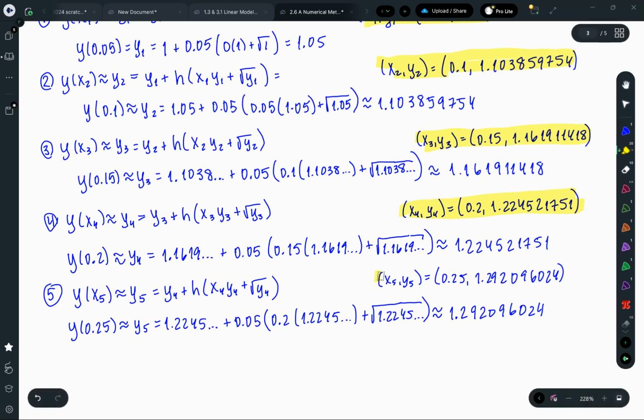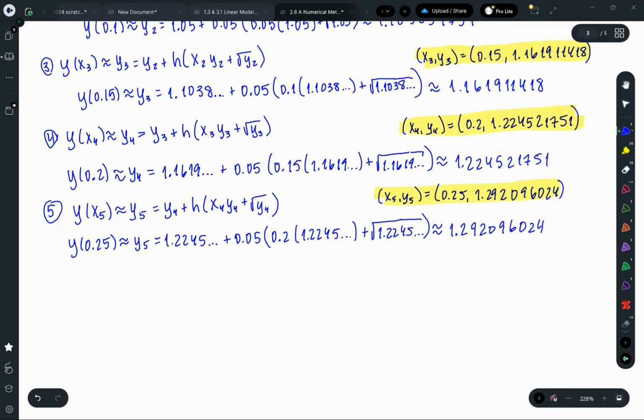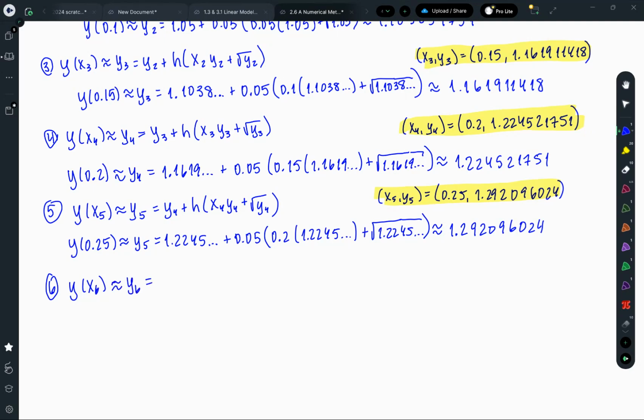Okay, last step. Thank goodness there's a last one. 6. Now we're getting y of x6. That will be approximately y6, which is equal to y5 plus h times x5, y5 plus the square root of y5.